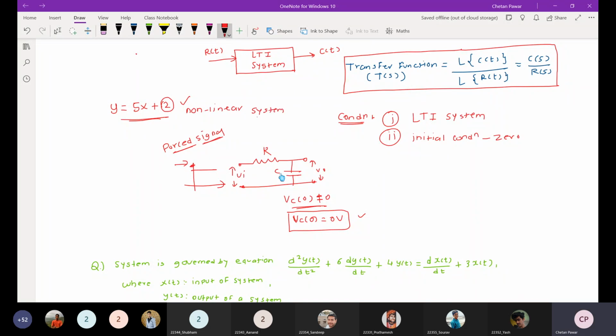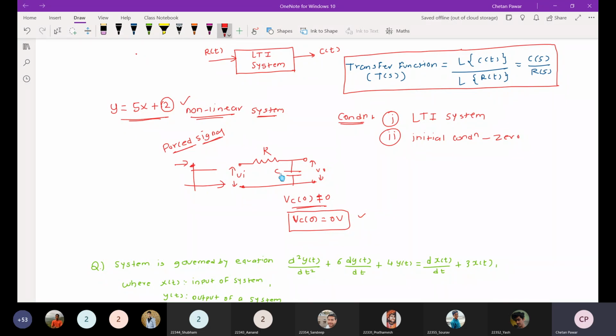If you apply the superposition theorem and find out the linearity of this system, you will find that this is a non-linear system. So the system should be linear; only then can you find the transfer function.